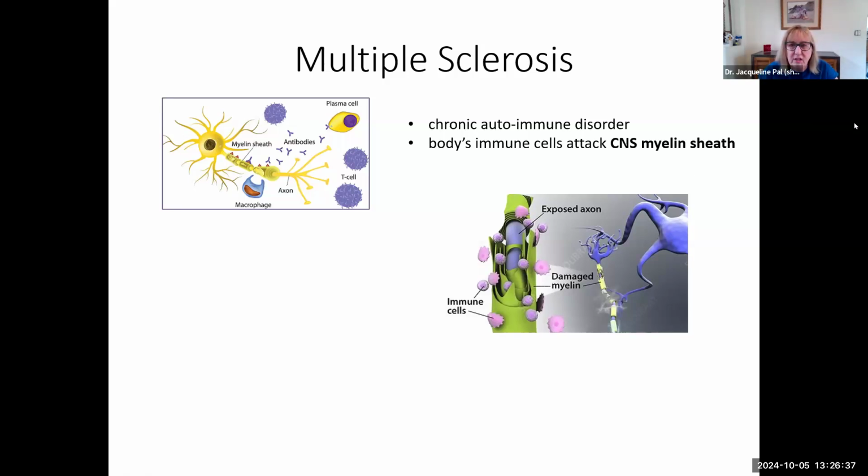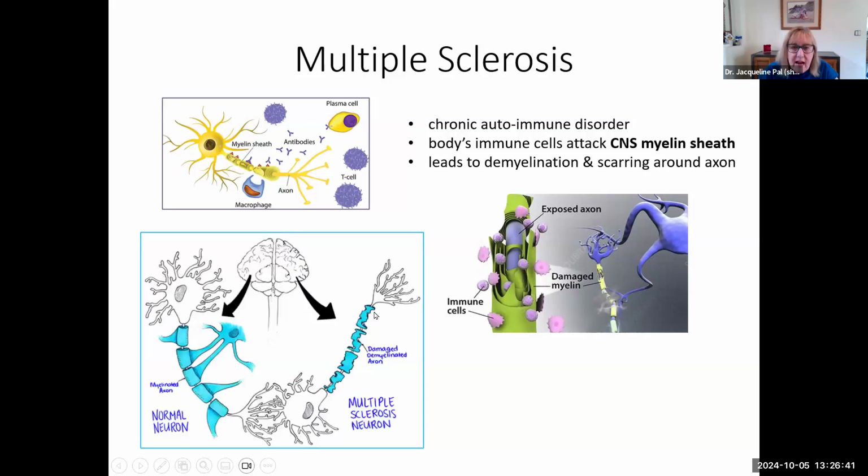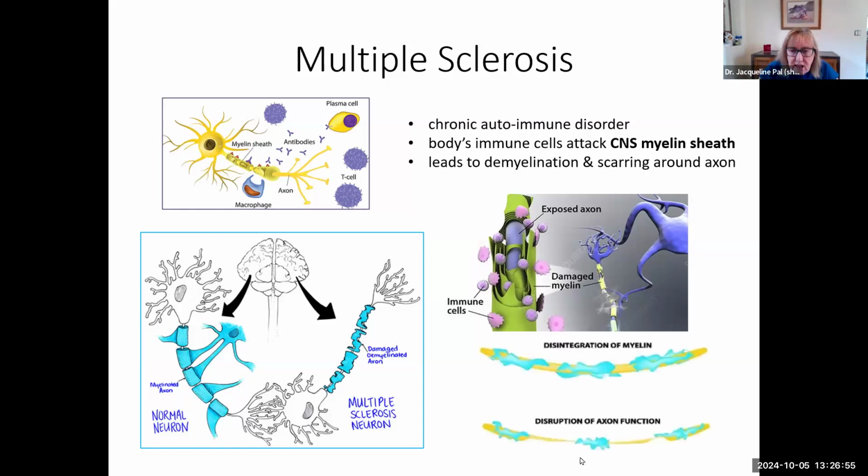But the net result is the myelin is going to be damaged. And so we will say that that axon becomes demyelinated over time. Over time, that axon loses its myelin. And so that axon's function gets disrupted.